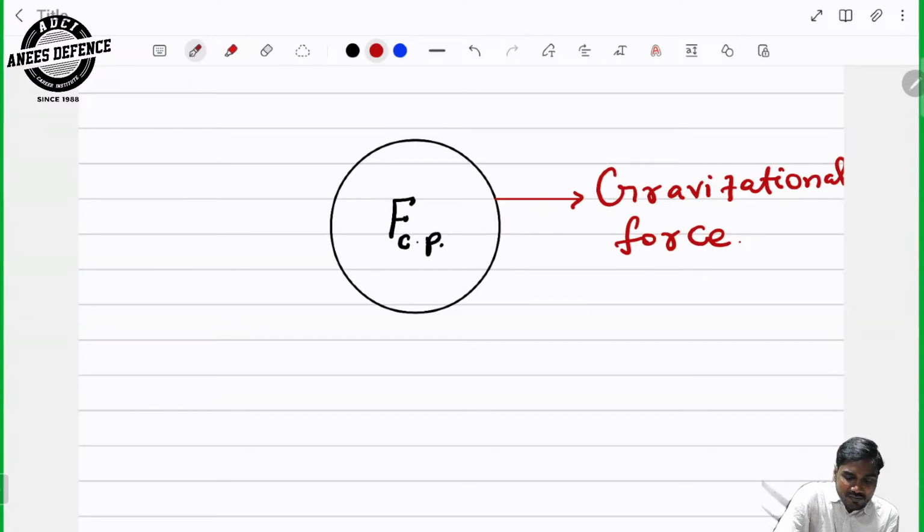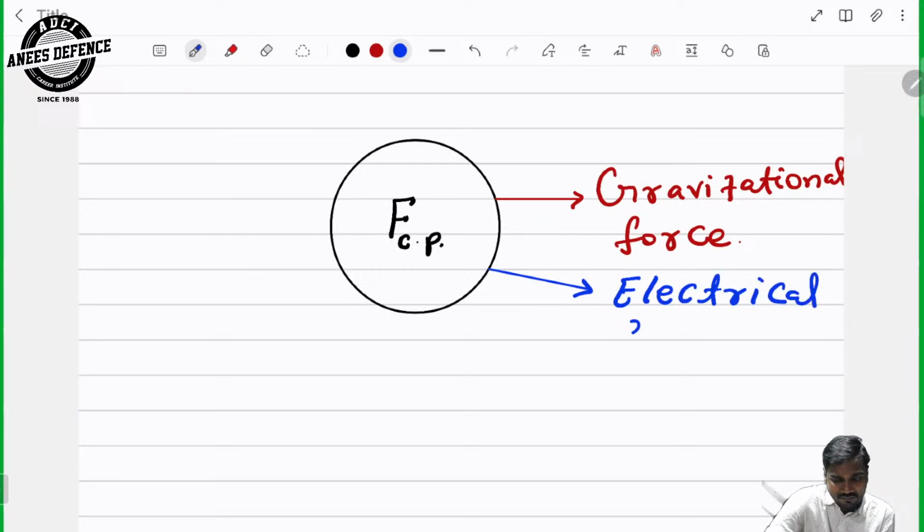Sometimes this centripetal force may be electrical force. Just consider an electron revolving around the nucleus.